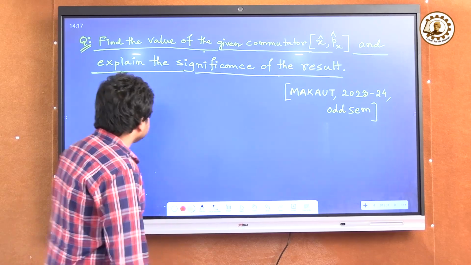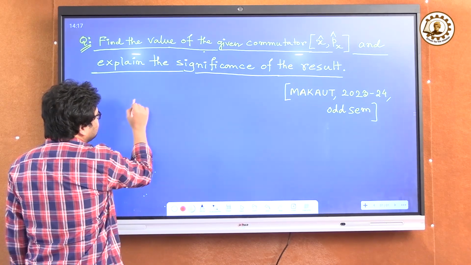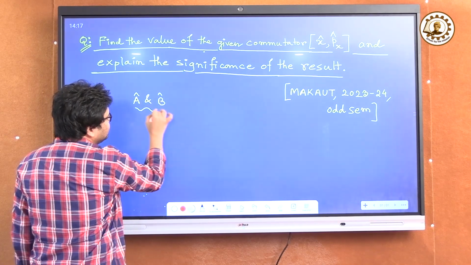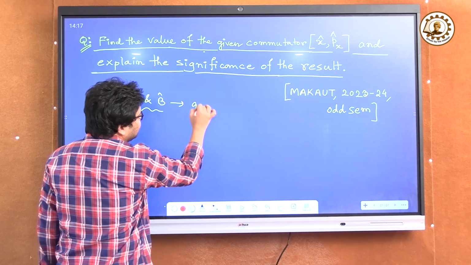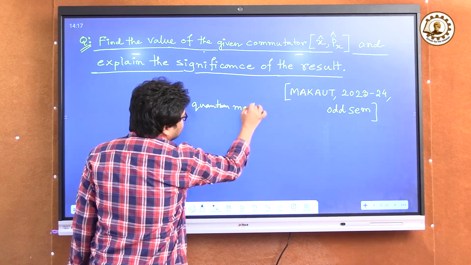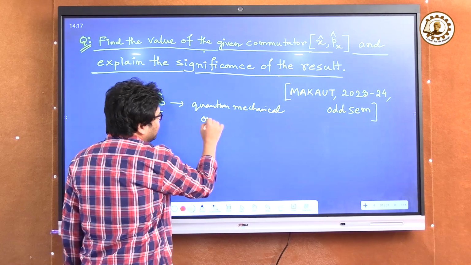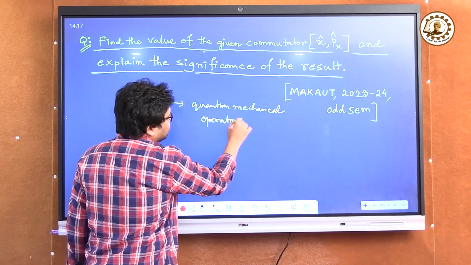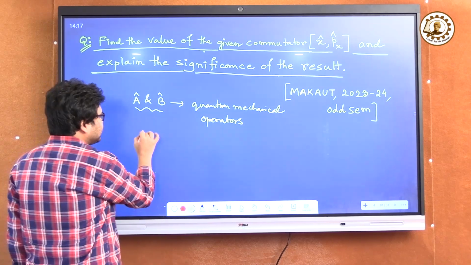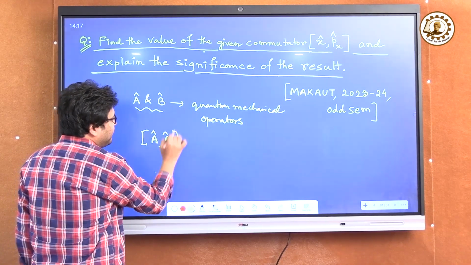So let's start. We know the commutation between any two operators, suppose a cap and b cap. These two are any two quantum mechanical operators. So the commutation between these two operators will be defined as [a cap, b cap].